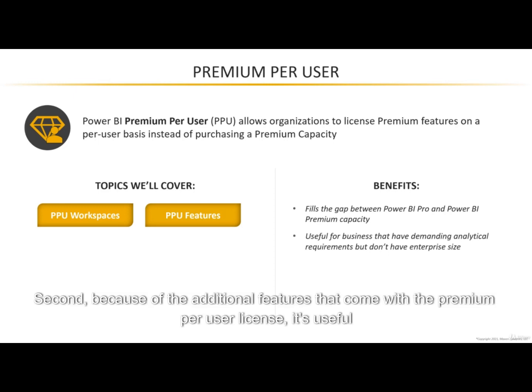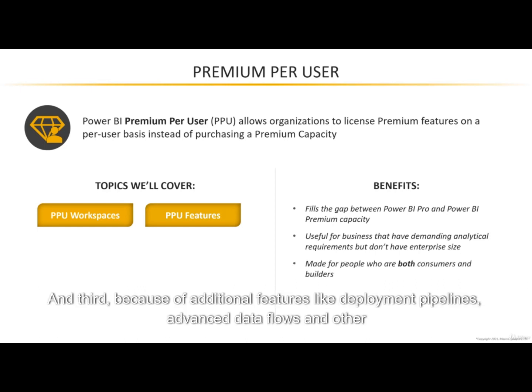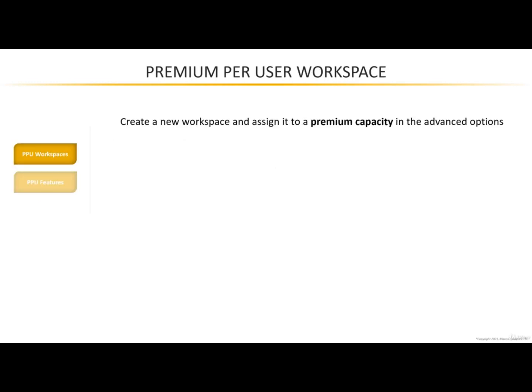Second, because of the additional features that come with the premium per user license, it's useful for businesses that have demanding analytical requirements but don't have the enterprise size. And third, because of additional features like deployment pipelines, advanced data flows, and other AI capabilities, this license type is really made for people who are both consumers and builders.